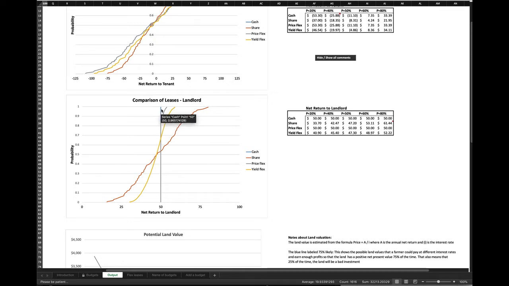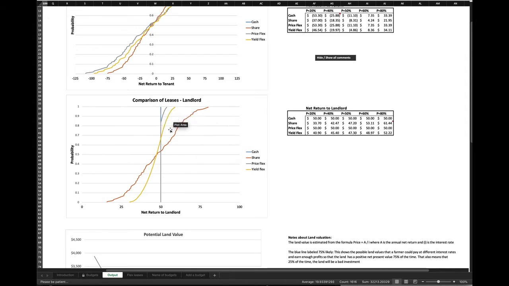So here, this blue line right here is the cash lease, and notice it's actually a straight vertical line up and down. So the more vertical the line is, the less risk there is, and this is saying basically there's zero risk with this return to the landlord, because from 0 to 100% of the time you're going to get this $50 per acre.